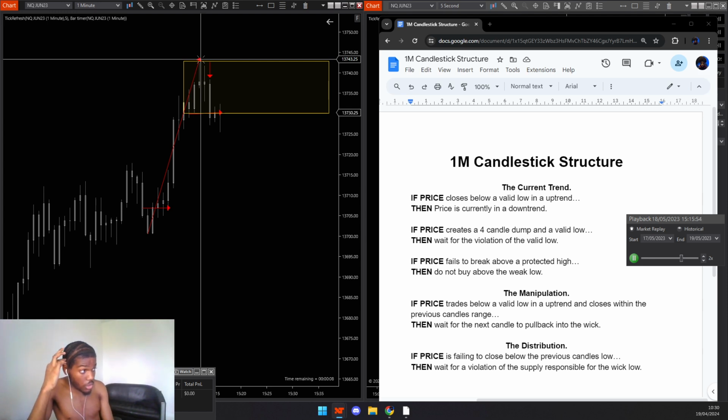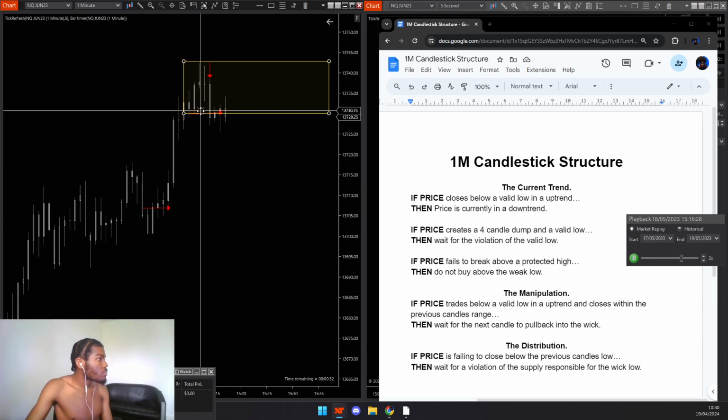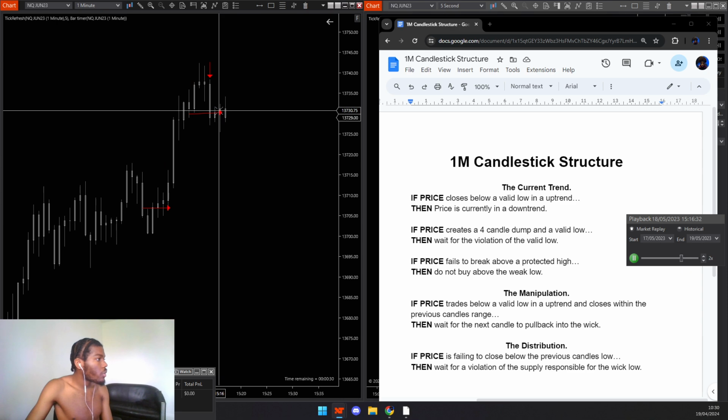Now you want to focus your longs at the bottom, and you want to focus your shorts at the top. But I'm not going to overwhelm you guys with information. I'm just going to show you how I trade.